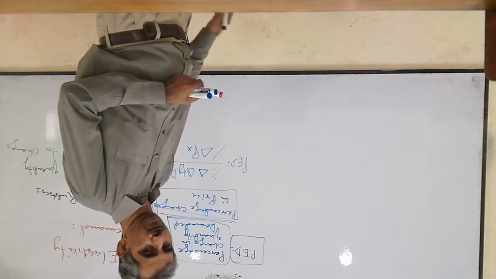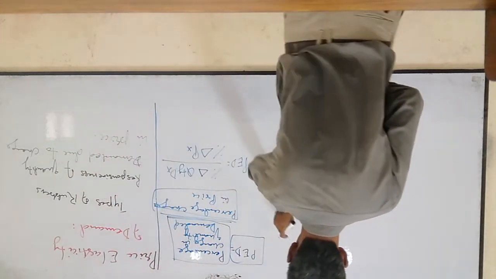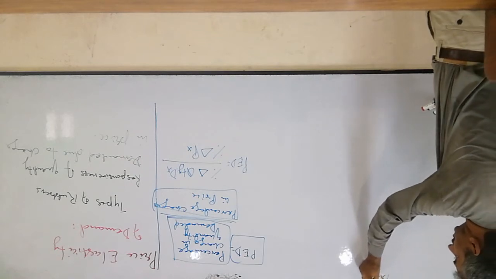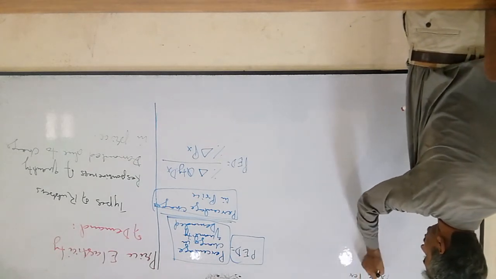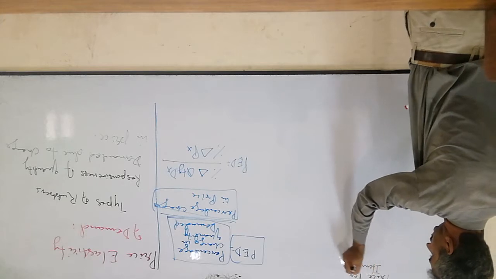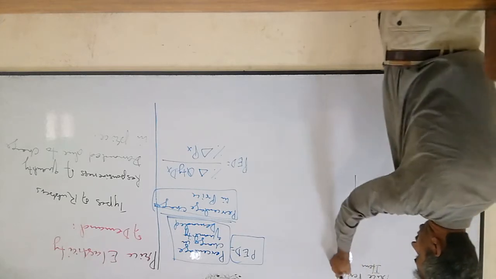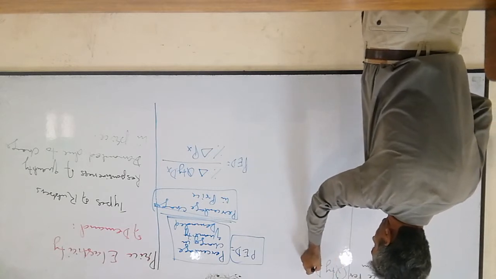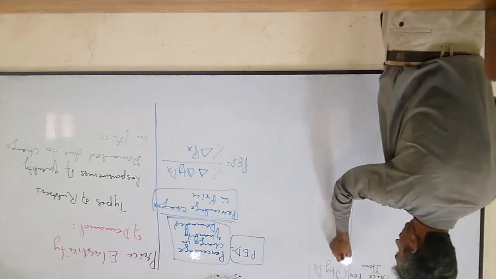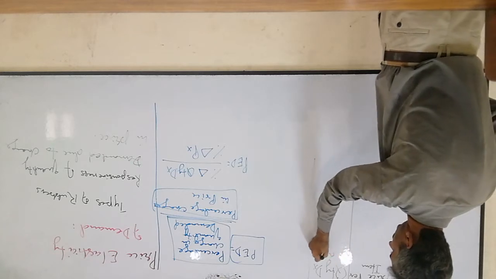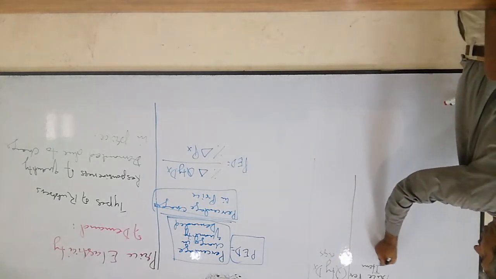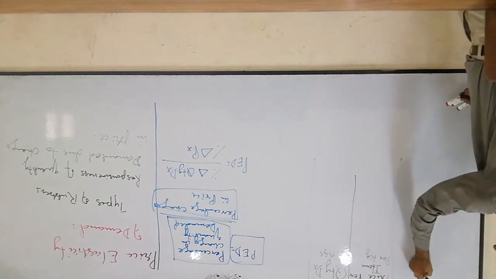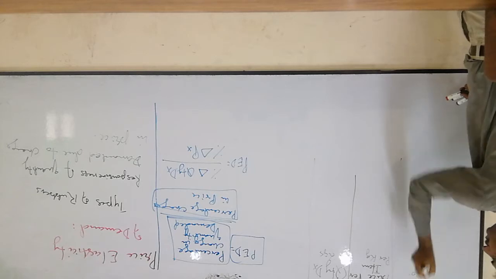So suppose we have this data: price per item, the quantity demanded of X, say in kg, and a serial number.